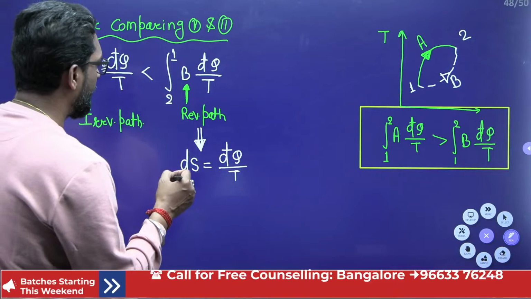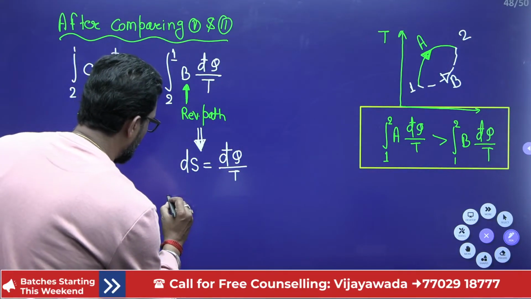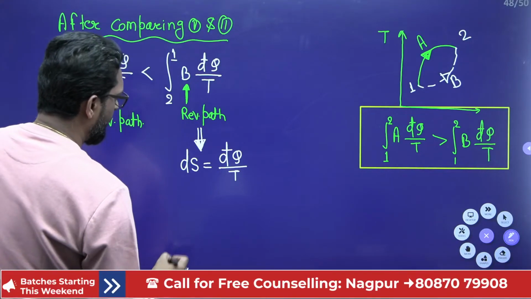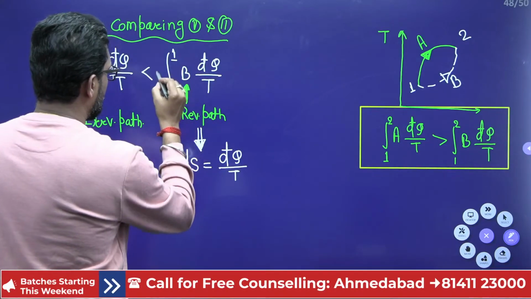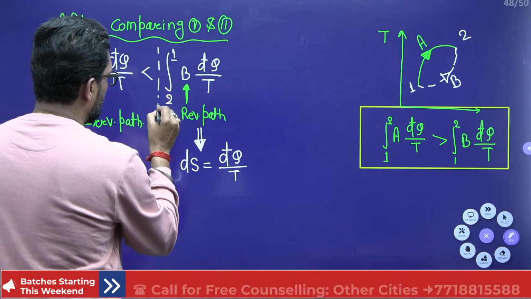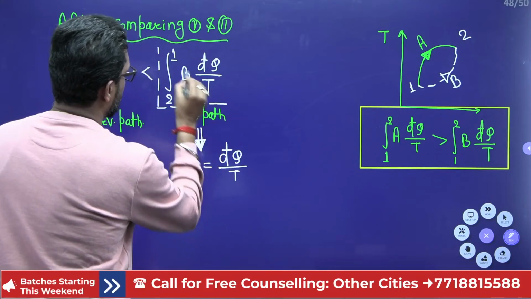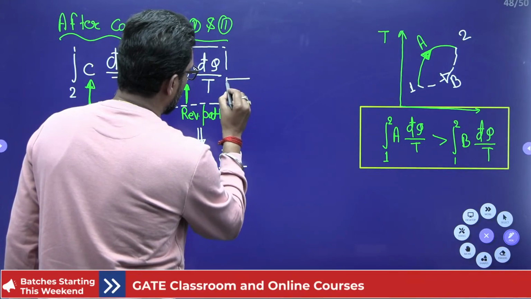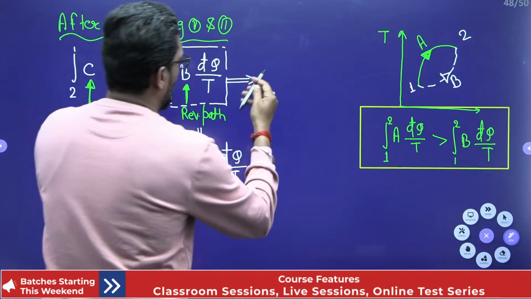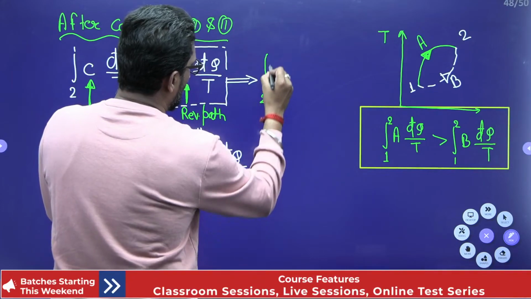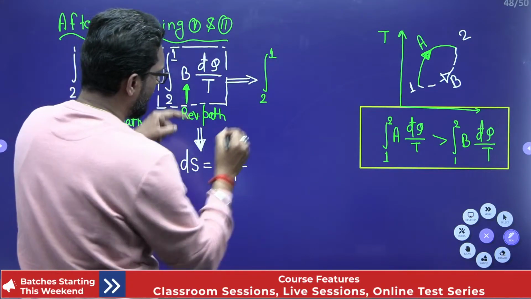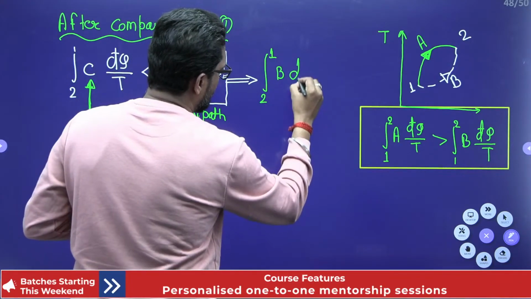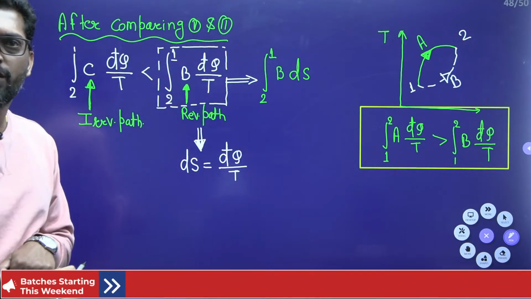Very important analysis. In this situation, we can write like that for this whole quantity, from 2 to 1 for the reversible, that means this is your B. dq by t we can write as ds.